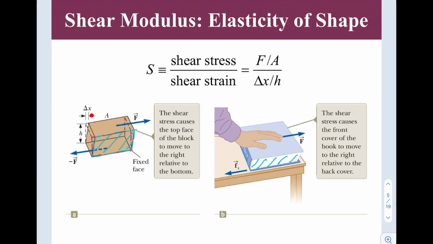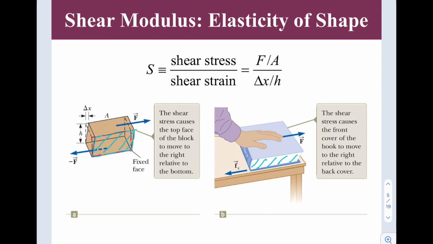The strain will be measured by how much delta x is produced, shifted from the original position, over the original height of this section.